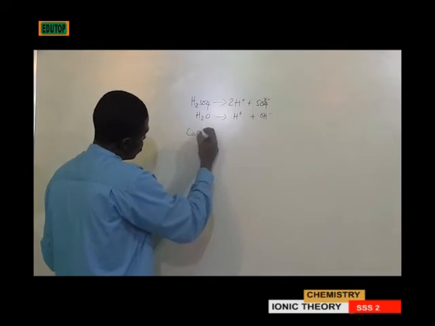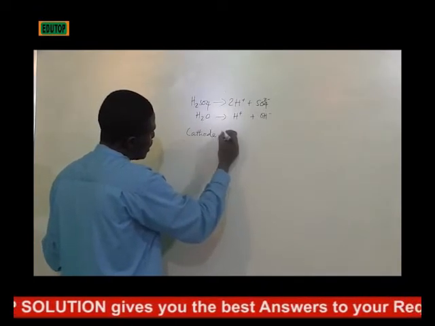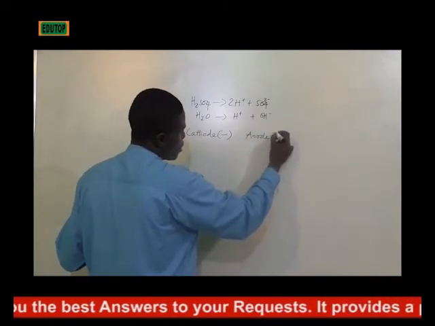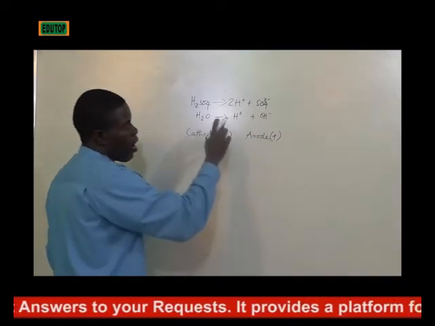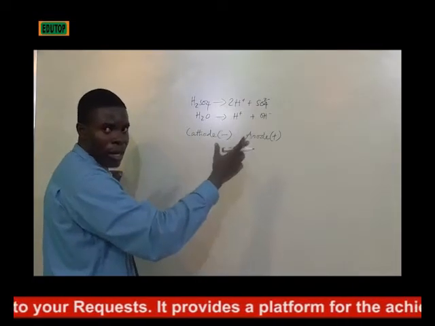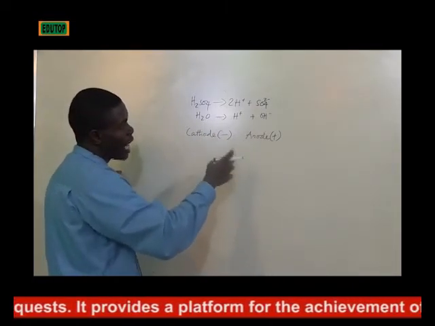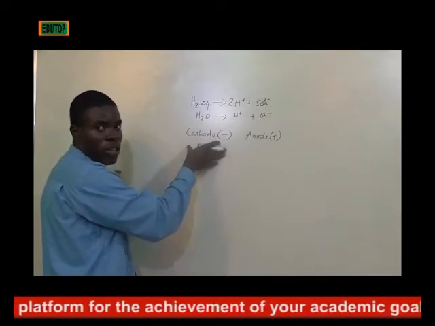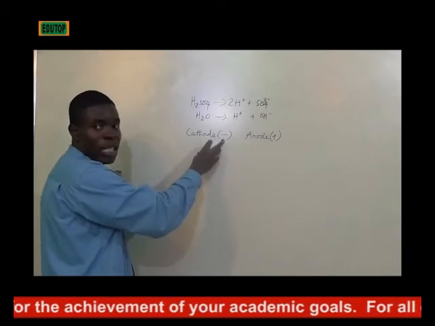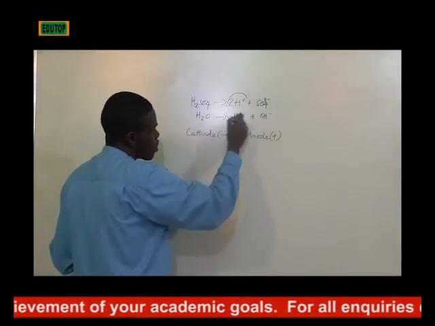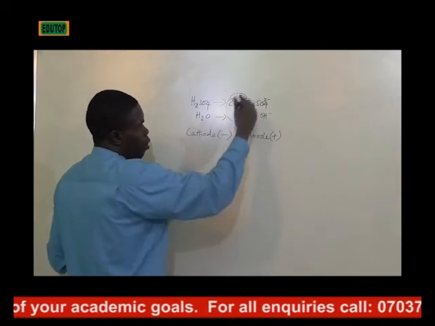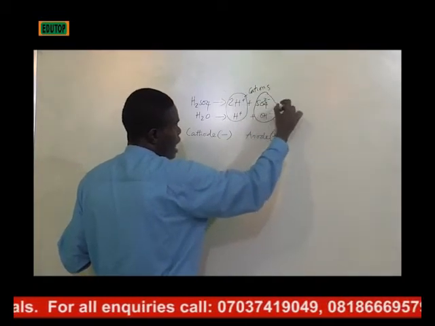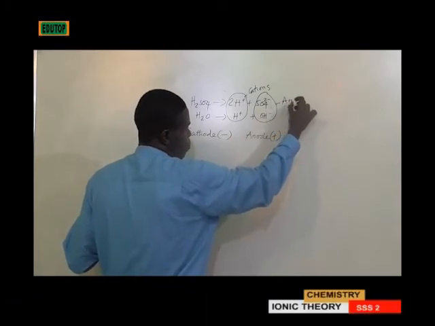Cathode is negatively charged, while anode is positively charged. Since like poles repel and unlike poles attract, that means the ions that will migrate to the cathode will be positively charged because the cathode is negatively charged. So these ions that are positively charged are also called cations, and these ions that are negatively charged, they call them anions.